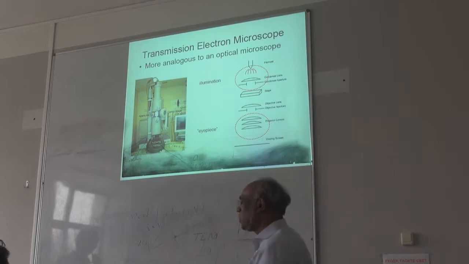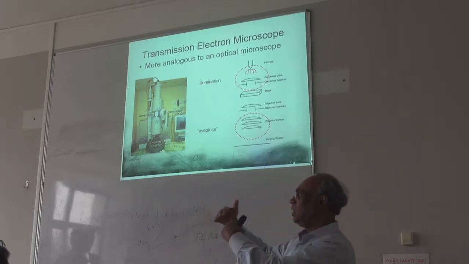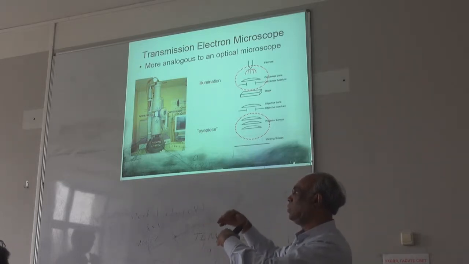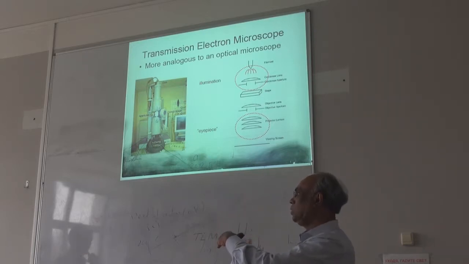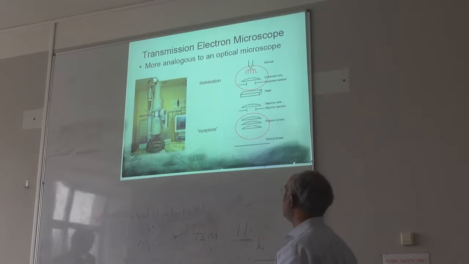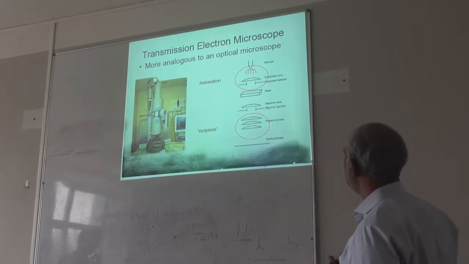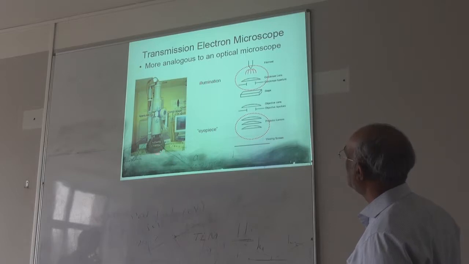In an optical microscope you also have to do the same thing, right? You have a source, then you have your objective, then you have an eyepiece. So it's very similar to this one. You can see this like the eyepiece to view this one.